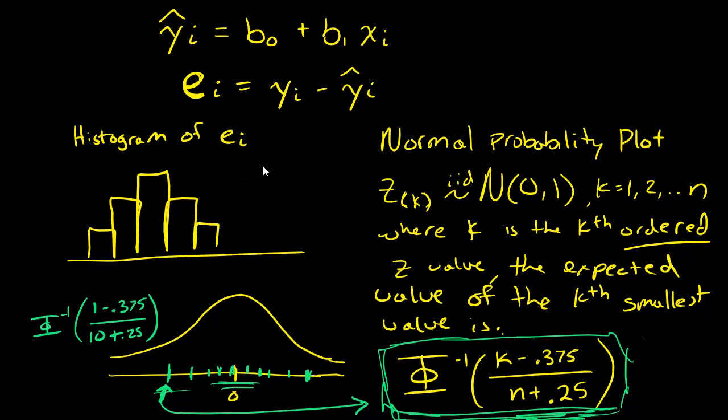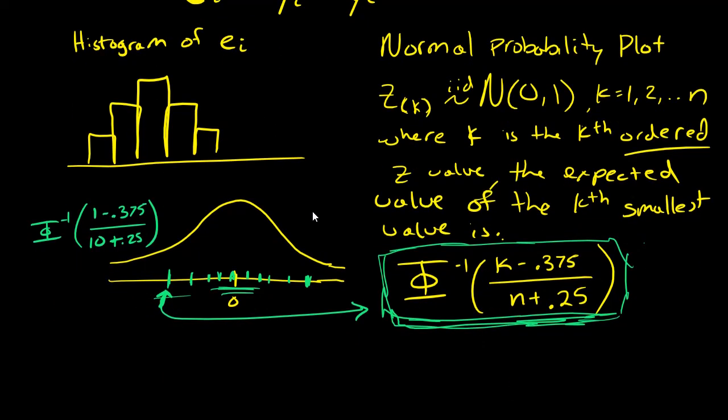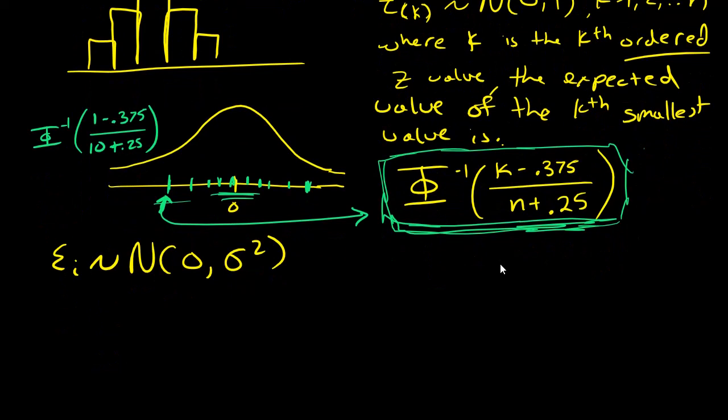So epsilon sub i, we have the assumption that it is normal 0, sigma squared. So that's normal 0, sigma squared. If I were to standardize it, divide it by its standard deviation, subtract the mean, which is just 0, I would get normal 0, 1.